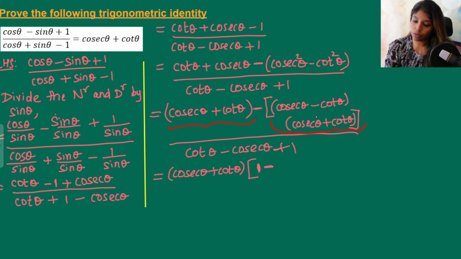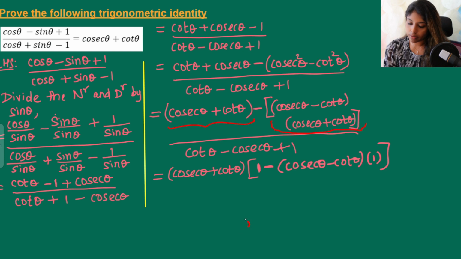Now from these two products, you have cosecant theta plus cot theta taken out already and you're left with this. So that can be written as cosecant theta minus cot theta times 1, because this term is already taken out as common. This is just like how you take out a common in a minus ab.